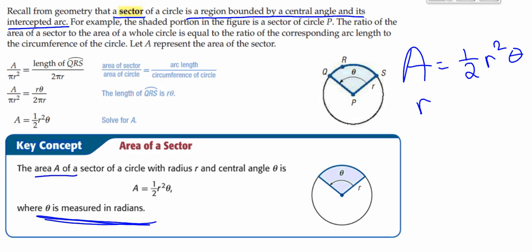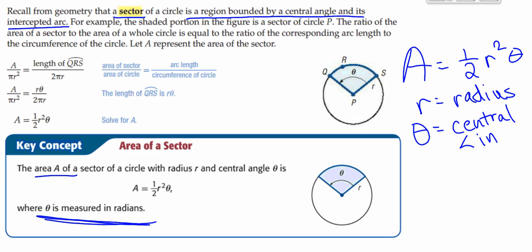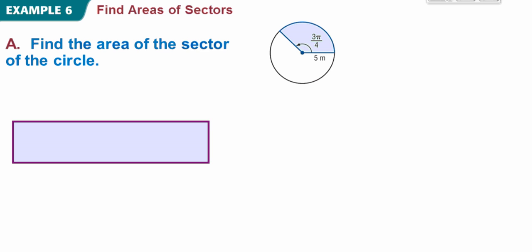R is the radius, and theta is the central angle in radians. More than anything, that's the thing to remember as we go, that it has to be in radians. So if it's not, we have to convert it. And that's something that we did in that last part.